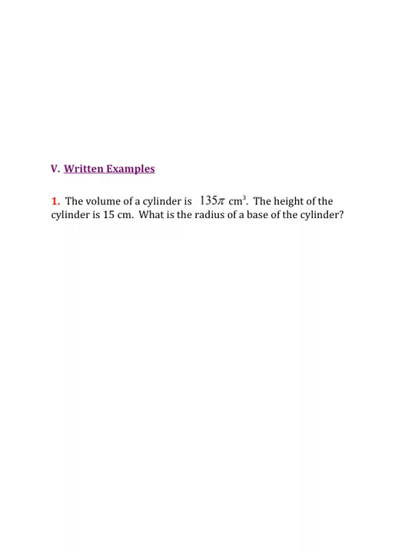Last example, we've got a volume of the cylinder being given to us as 135 pi centimeters cubed, and the height is 15 centimeters. So we want to find the radius of the base of the cylinder. Okay, so I'm going to start off always with what I know.